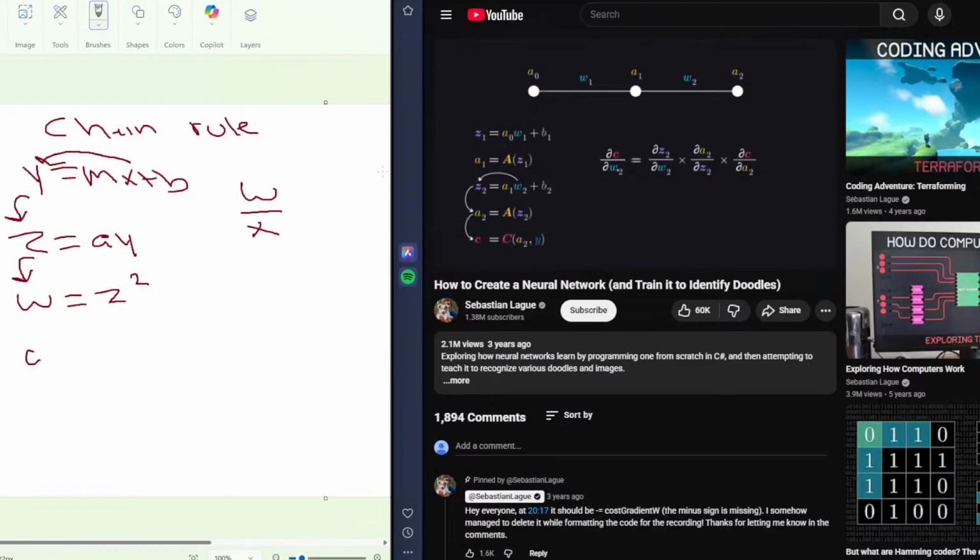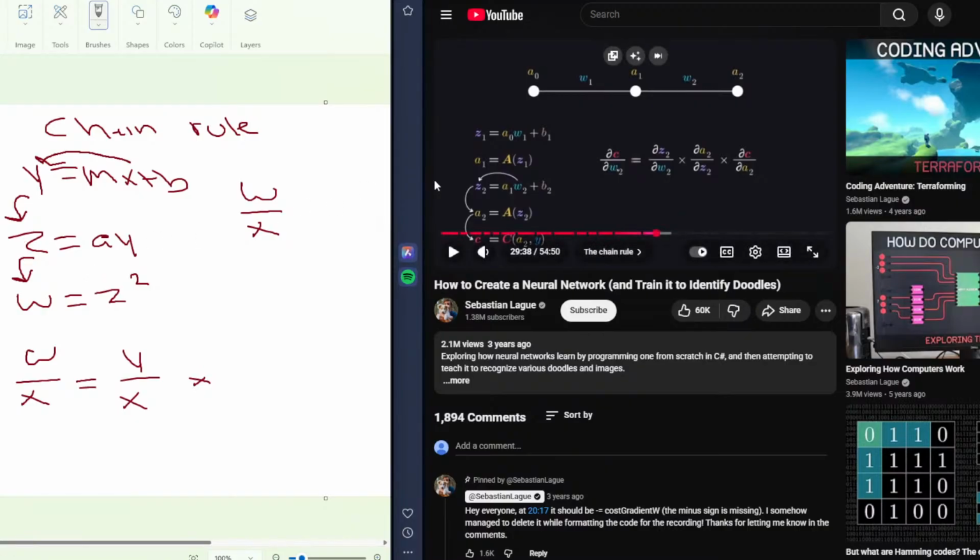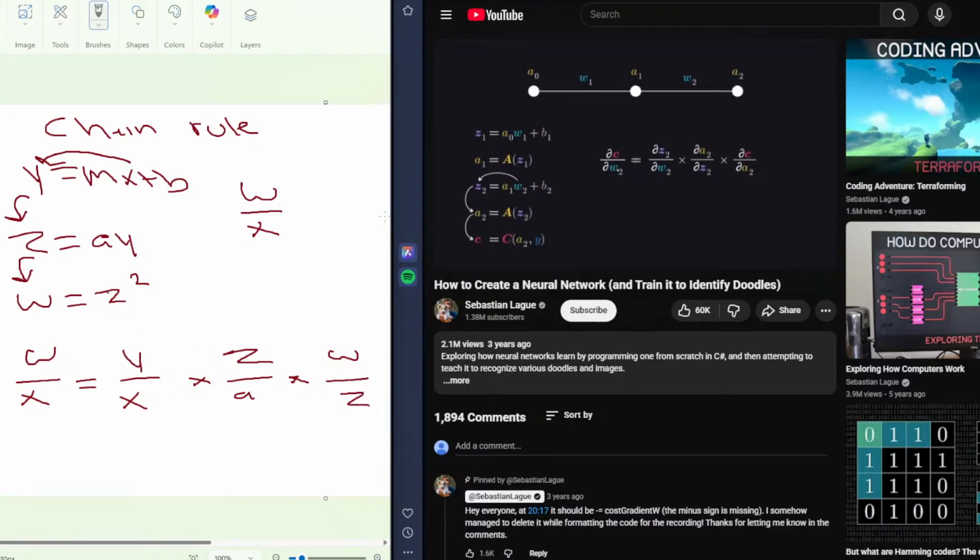So we're saying w over x equals, you're starting from the top and you're saying, well, x, y, and then the final is the first. So you're saying y over x, times, I would say A, no, Z over A, yeah, it'll be Z over A, times, and then it'll be the final again, W over Z, because it's in here.